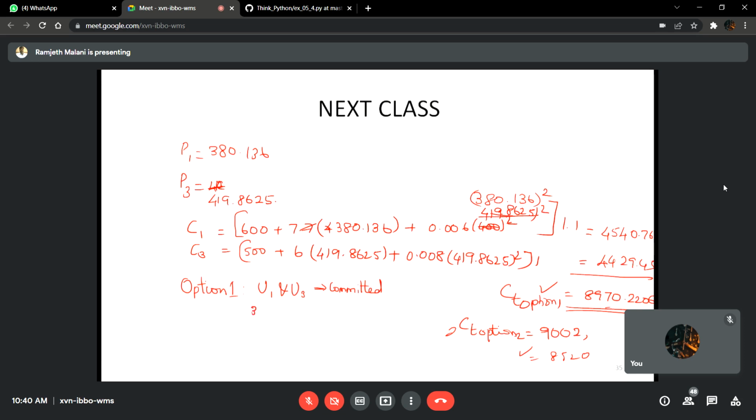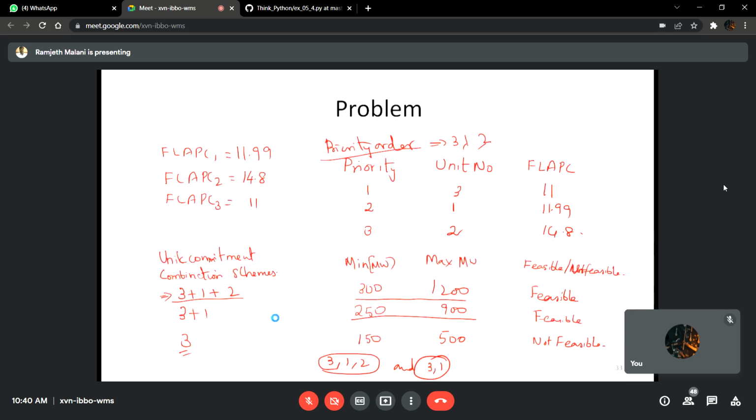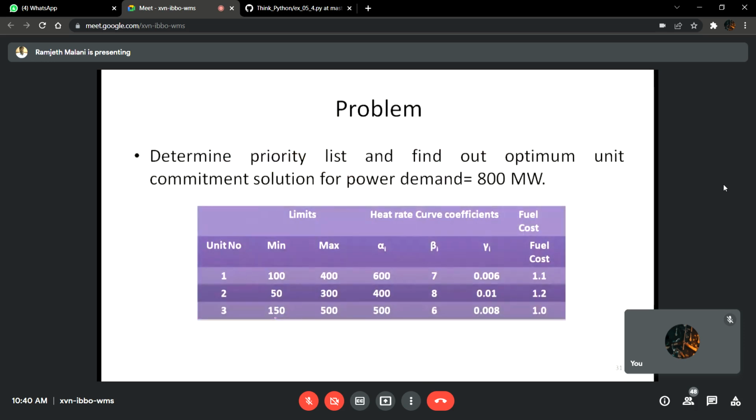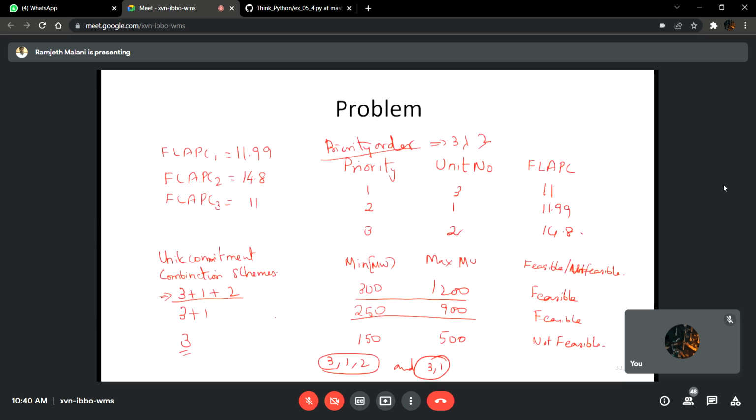The dispatch was 380.136 plus 419.8621. The total operating cost was 8970.2 dollars per hour.